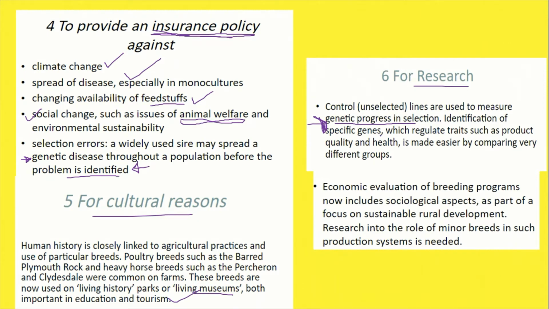So identification of specific genes which regulate traits such as product quality and health is made easier by comparing different groups of resources that you have already kept, so that those kept a long time ago can be compared to now. What are the genetic progresses that we have had? Then economic evaluation of breeding programs now includes sociological aspects as part of a focus on sustainable rural development. So research into the role of minor breeds in such production systems is also required.